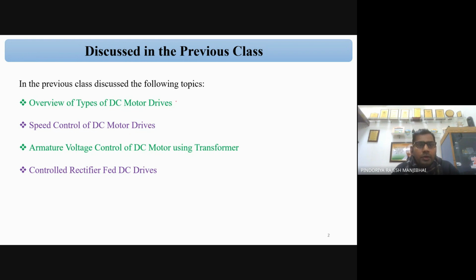In the previous class, we discussed the overview of types of DC motor, speed control of DC motor, armature voltage control using the transformer, and finally controlled rectifier fed DC motor.